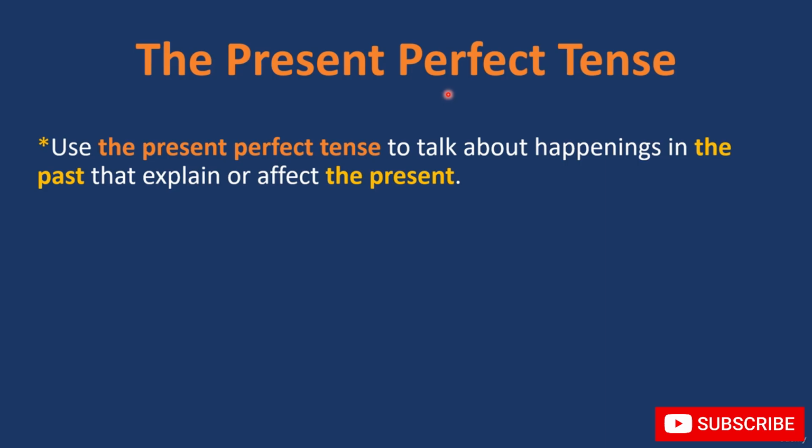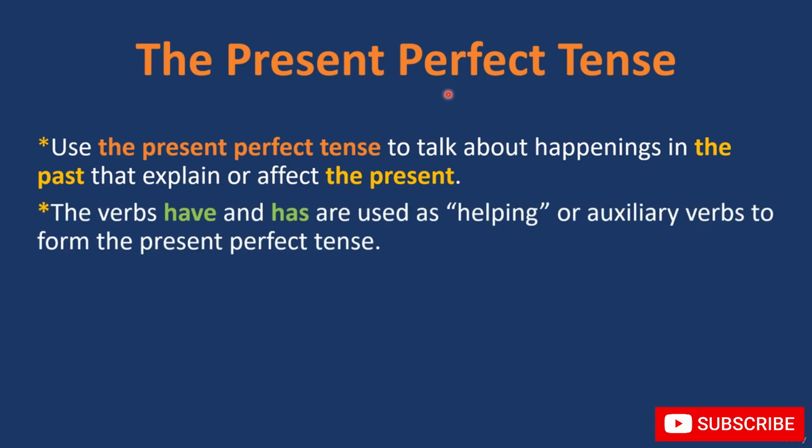So, this tense relates between the past and the present. The verbs have and has are used as helping or auxiliary verbs to form the present perfect tense. So we can use have or has plus the main verb.